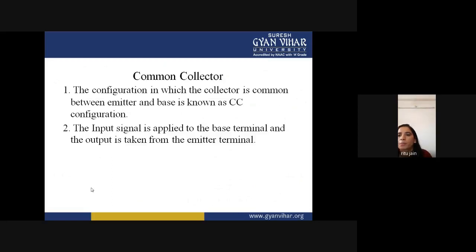Common collector. So what is common collector configuration? In this configuration, we keep the collector common in both input and output. The configuration in which the collector is common between emitter and base is known as common collector configuration. The input signal is applied to the base terminal and the output is taken from the emitter terminal.